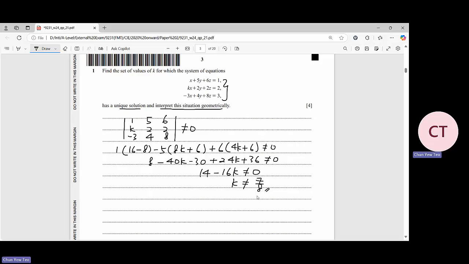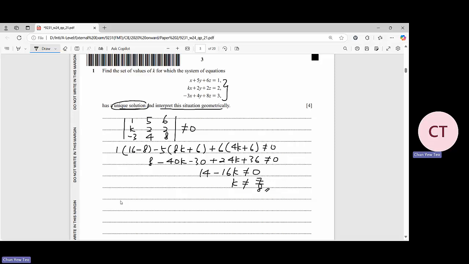Okay, so this is the set of k for the system of equations to have a unique solution. Then for these unique solutions, what is the meaning of it geometrically?